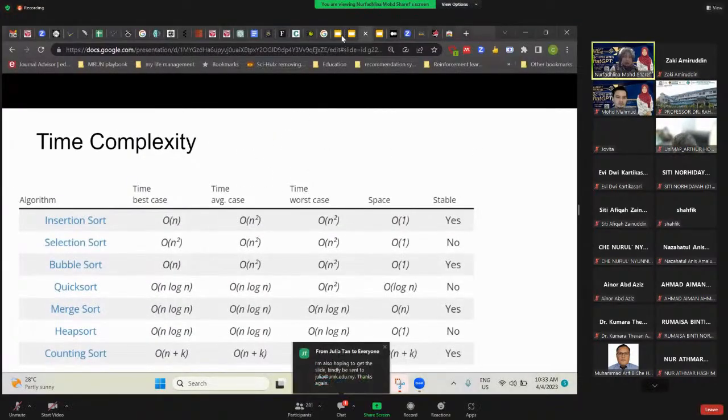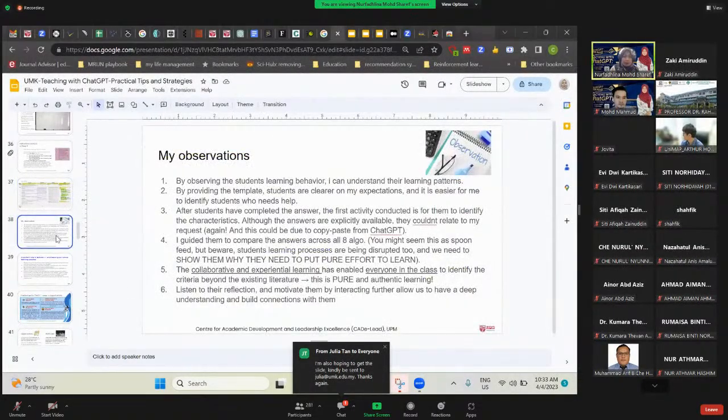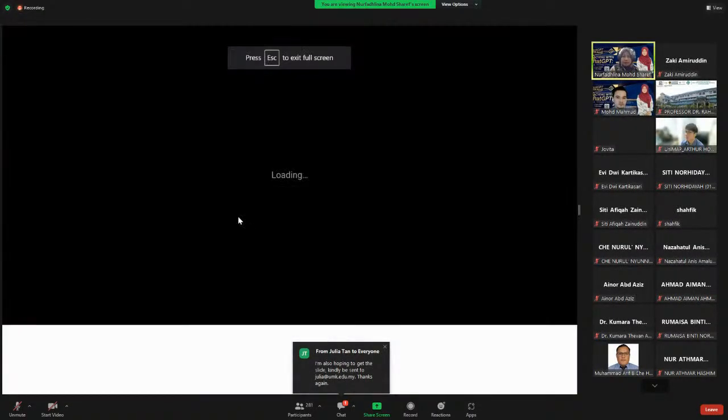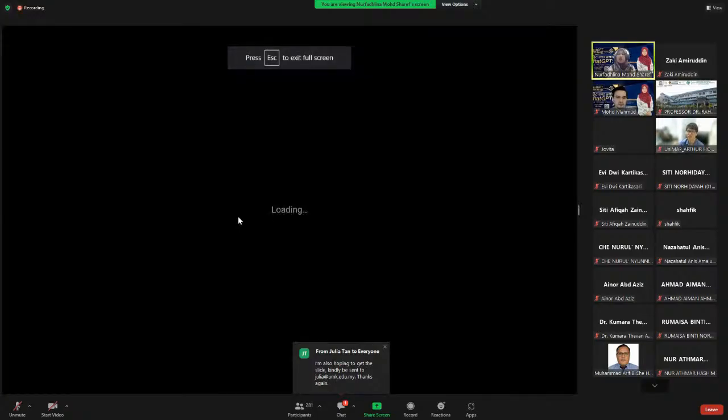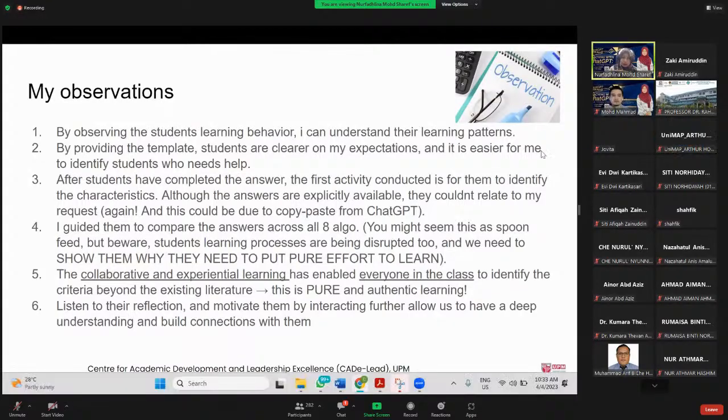My point is that, coming back to my slides, my observation. So these are the practical tips, what we need to do. We need to observe their learning behavior. We need to understand their learning pattern. We can provide a template.